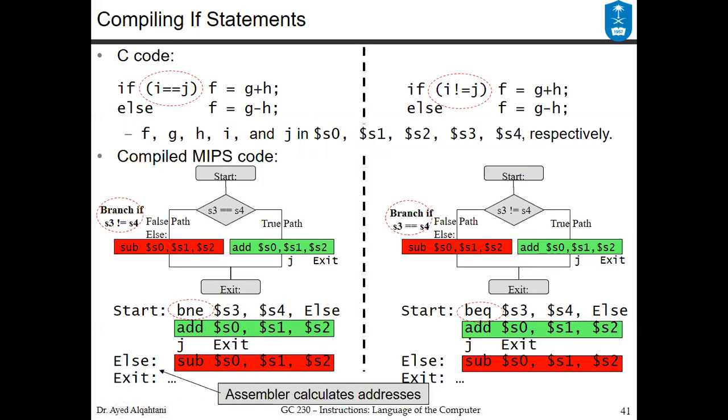I took both cases, where you have the condition i equal to j and the condition i not equal to j. And I assumed that f, g, h, i, j are S0, S1, S2, S3, and S4 respectively.